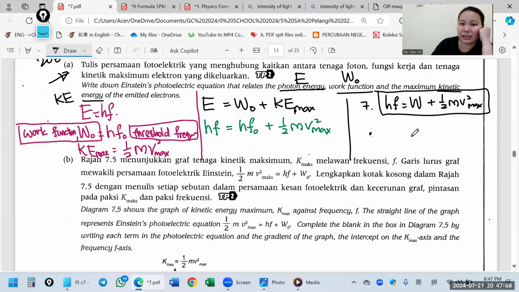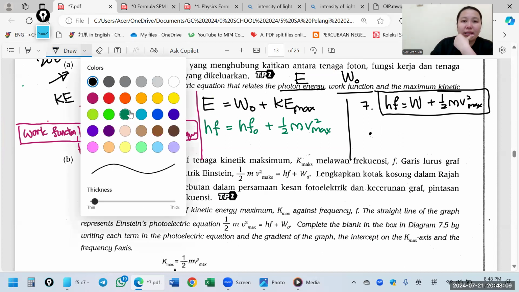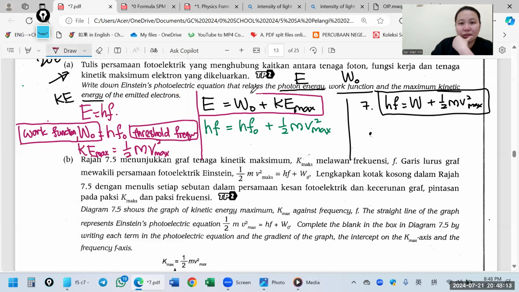For me, I feel number 7 is confusing, because it actually comes from this equation: HF is E equals work function plus KE max.